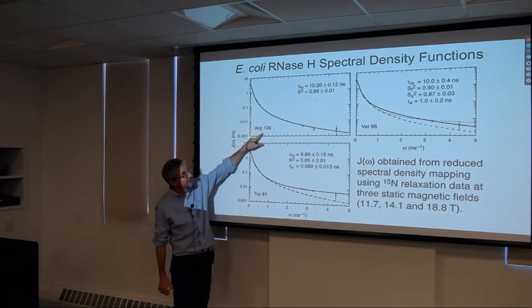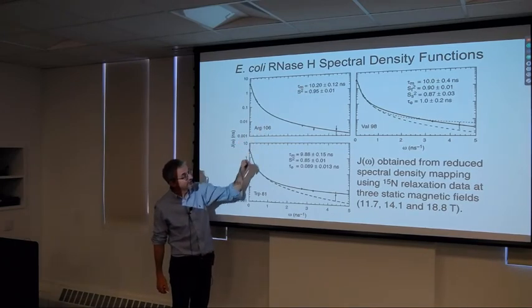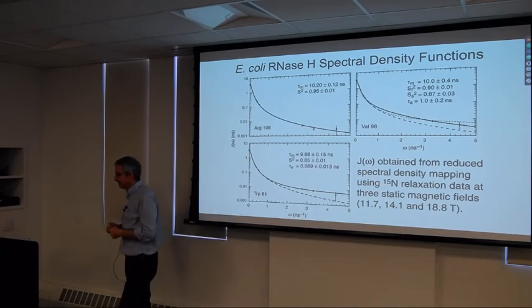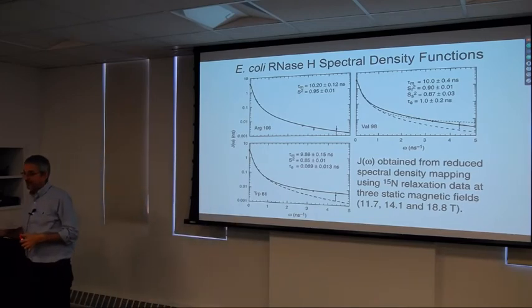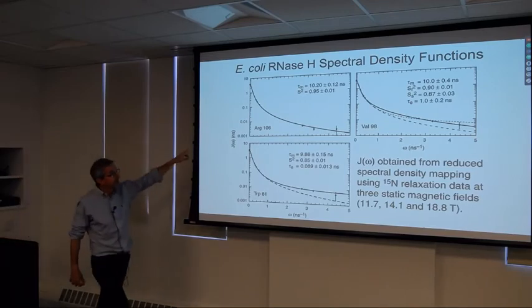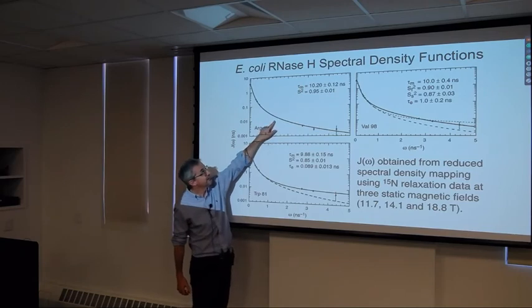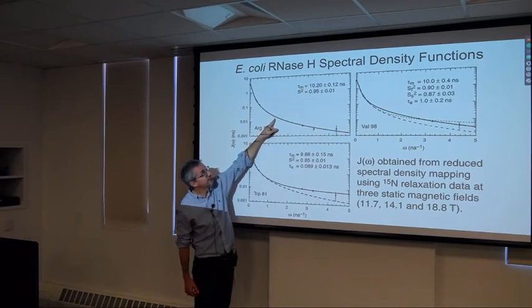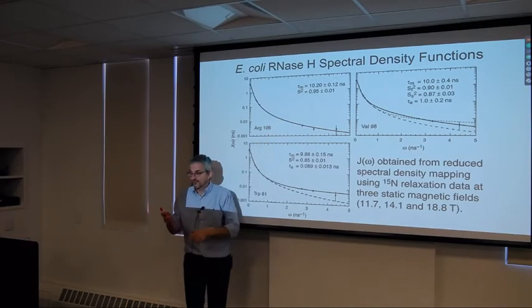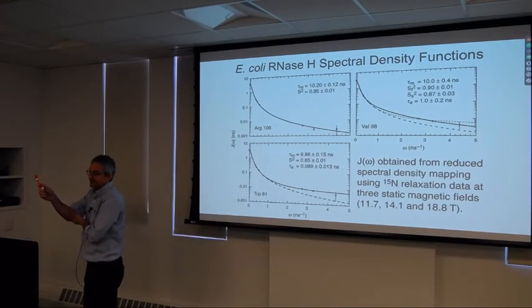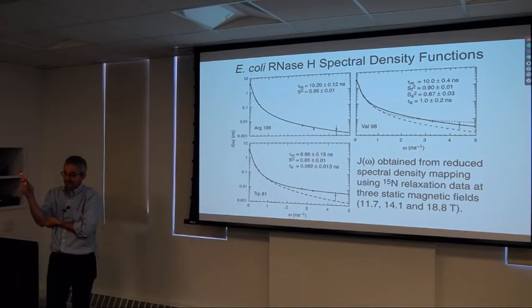So the fits then are to the Lipari-Szabo equations with more exponential terms, basically. This first decay is for a quite rigid site, and it's fit with a model that just has overall tumbling, tau sub m, and then an order parameter S squared, measuring the amplitude of the internal motions.